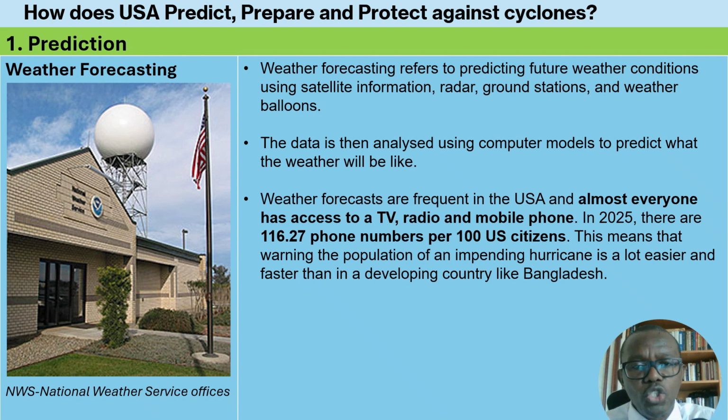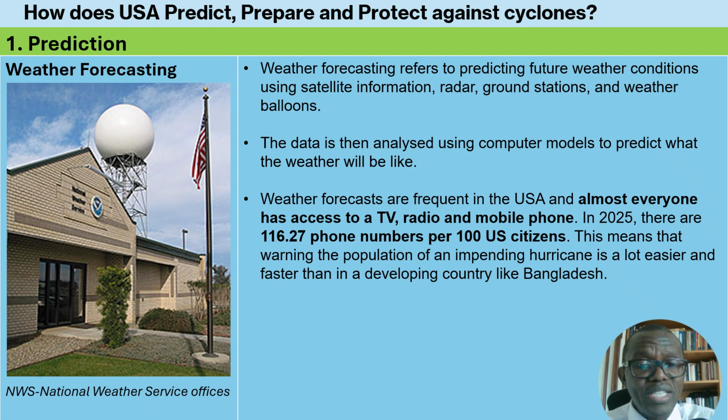And this refers to predicting future weather conditions using satellite information, radar, ground stations, and weather balloons. The data is then analyzed using computer models and used to predict what the weather is going to be like. And again, that kind of information is also useful for creating the cyclone track map that we had talked about earlier.